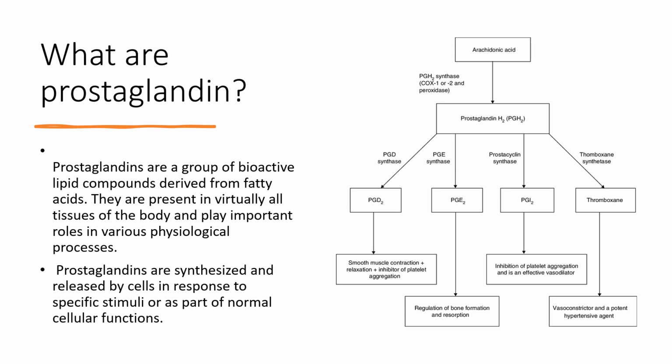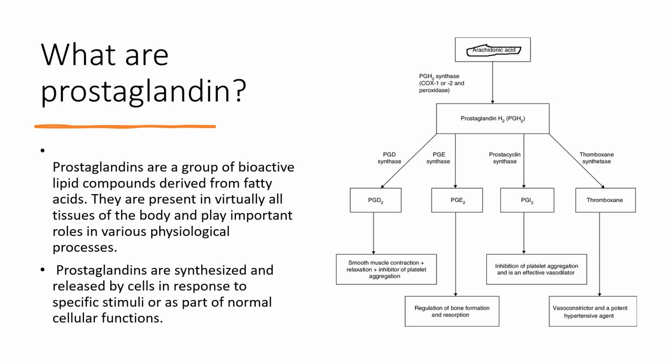In order to understand the question, we need to first understand what prostaglandins are. Prostaglandins are a group of bioactive compounds which are produced whenever there is cellular damage. The main acid involved in the production of prostaglandin is arachidonic acid, a very important acid.